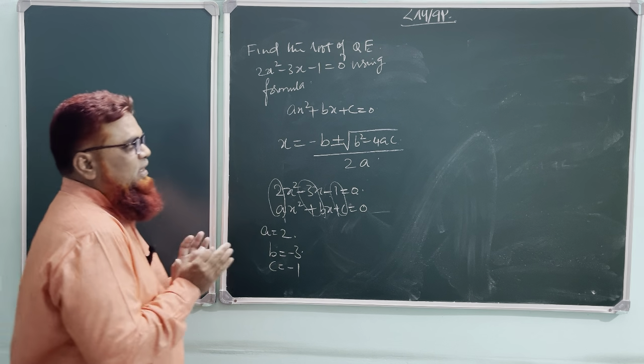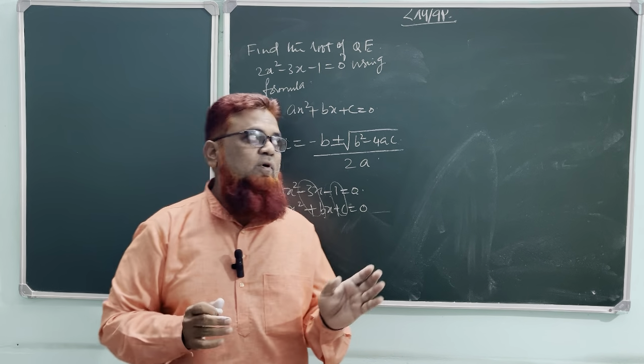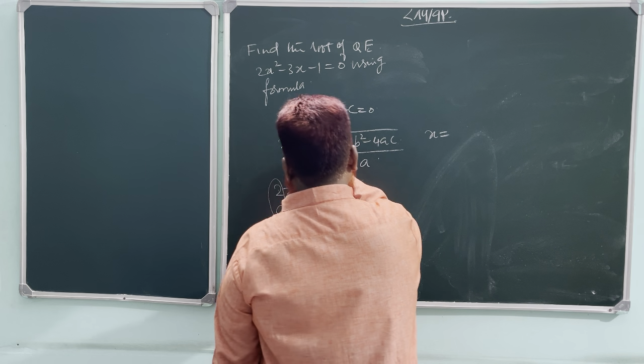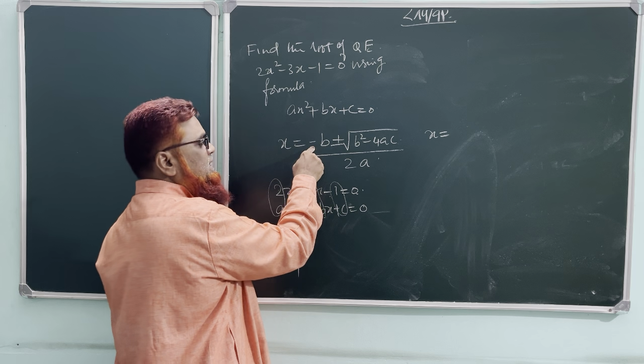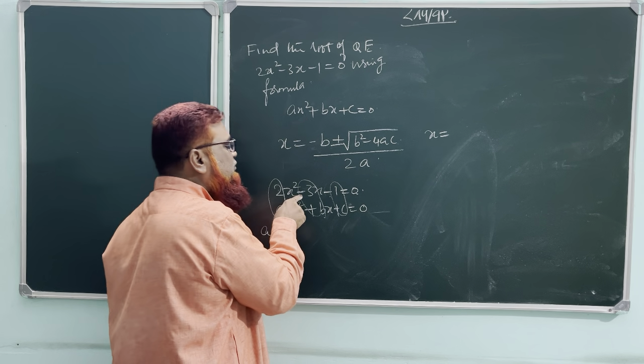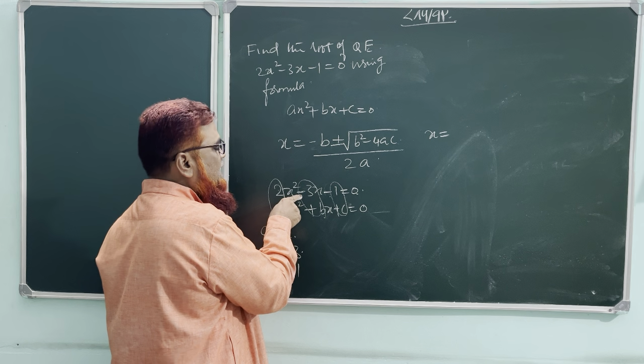The same thing you substitute in the given formula. Therefore x is equal to minus b, minus sign of this coefficient.